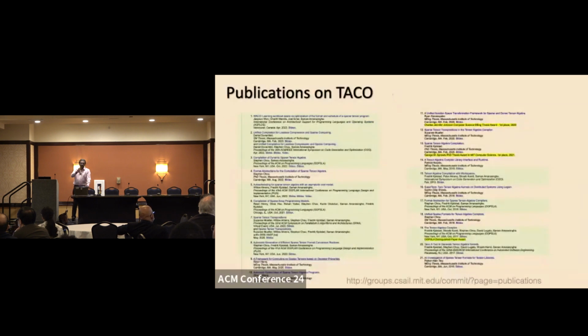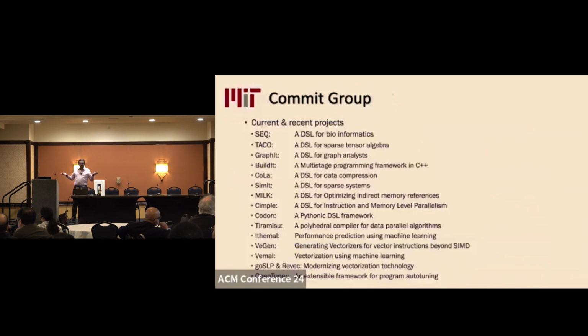There's a lot of work our group has done on that. There are a lot of papers, so just go to my website if you're interested. Beyond this, my group works with a lot of different domain-specific languages for bioinformatics, graphs, and compression. In there, we work a lot on vectorization.